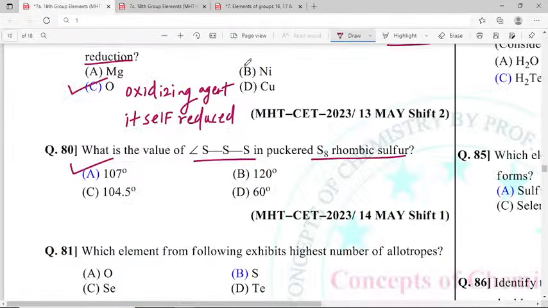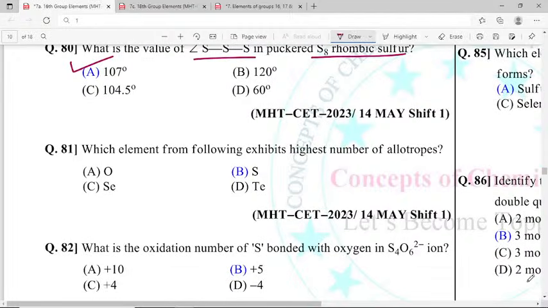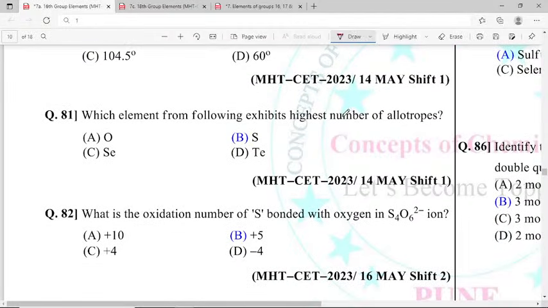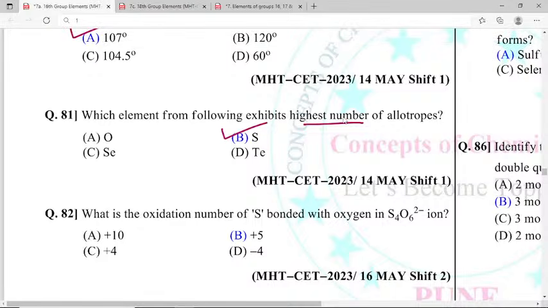Which element from the following exhibits the highest number of allotropes? The highest number of allotropes is shown by sulfur. Oxygen 2, selenium 2, tellurium 2; two types of allotropes.